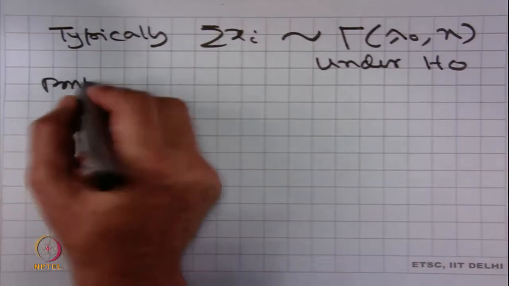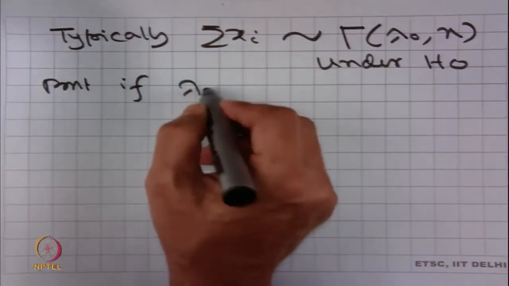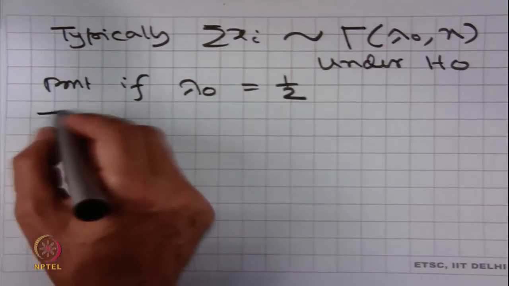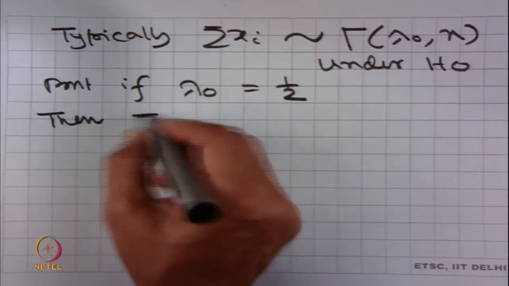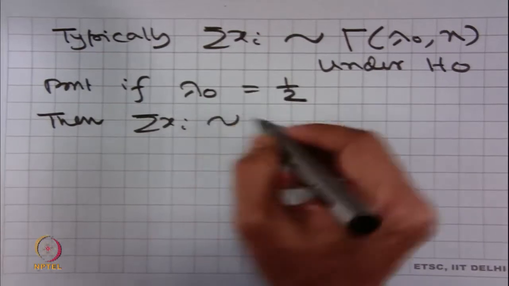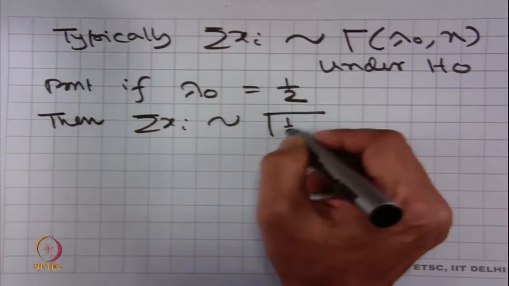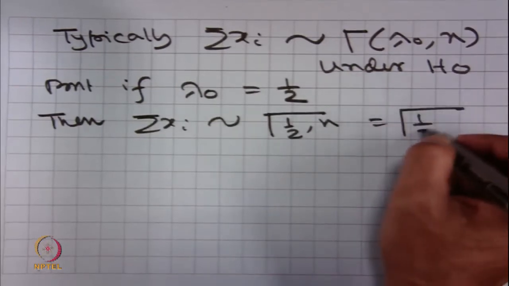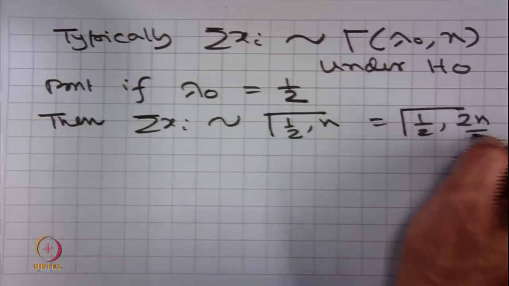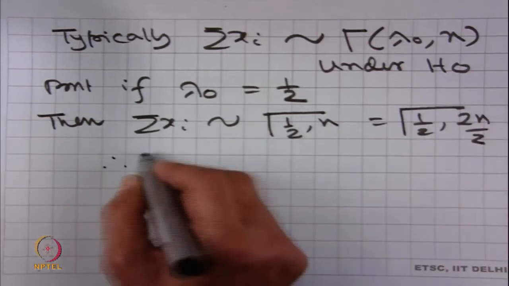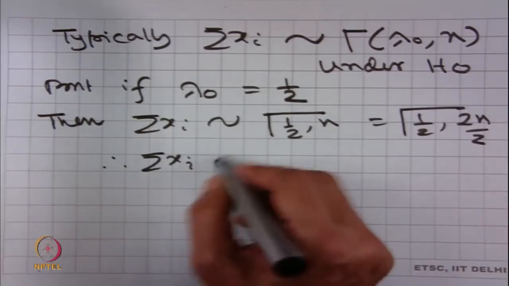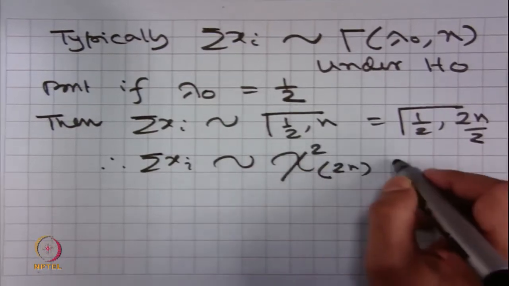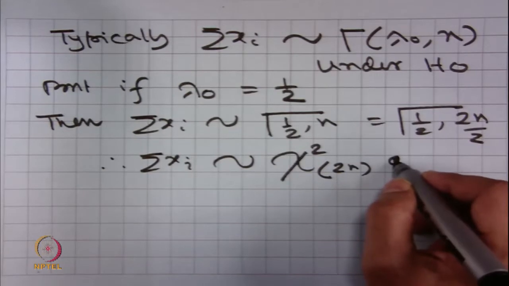But if lambda naught is equal to half, then sigma xi is distributed as gamma half comma n, which is equal to gamma half comma 2n by 2, and therefore, sigma xi is distributed as chi square with 2n degrees of freedom.